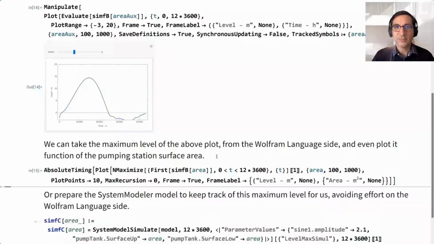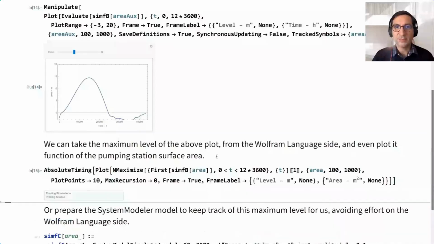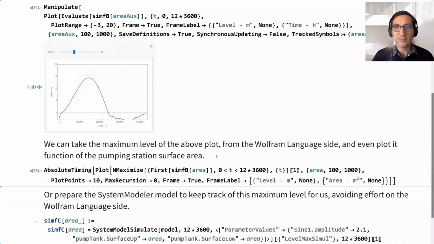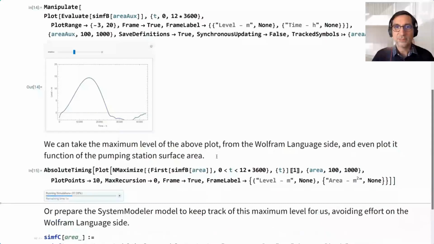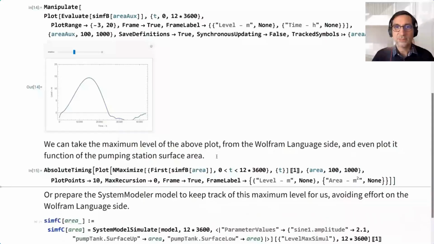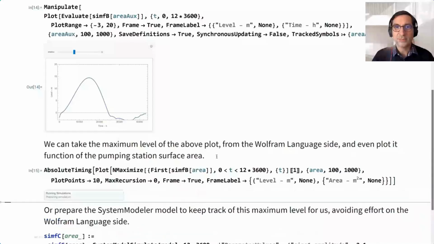Well, there's the simulation time, and there's also the time probably for the Wolfram language to analyze and find the maximum on each simulation that has been processed. And we should get soon the results of the maximum level versus the surface of the pumping station.